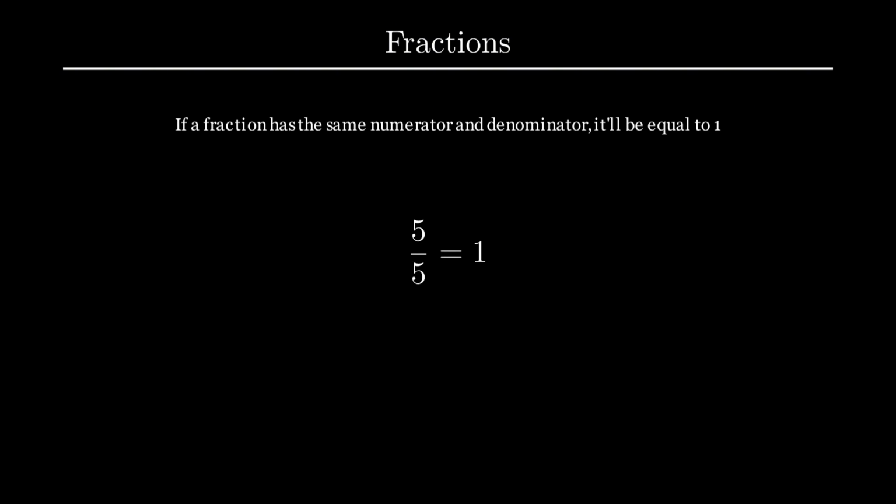Actually, this is very important, because division by 0 is not allowed. Try to do 16 divided by 0. If you do such a thing, you will never get any closer to 0, and this is why the result is undefined. Now, on a lighter note, it is important to know that if a fraction has the same numerator and the same denominator, it will be equal to 1.